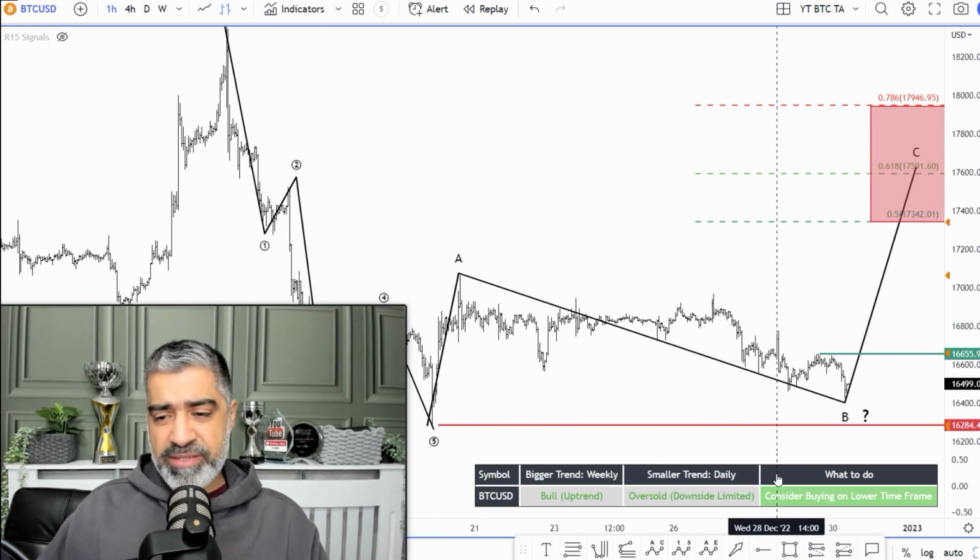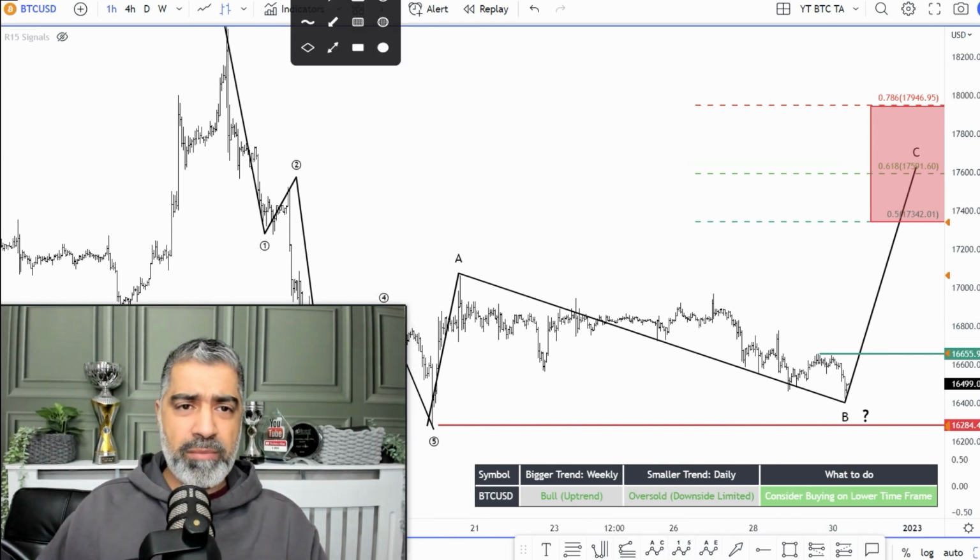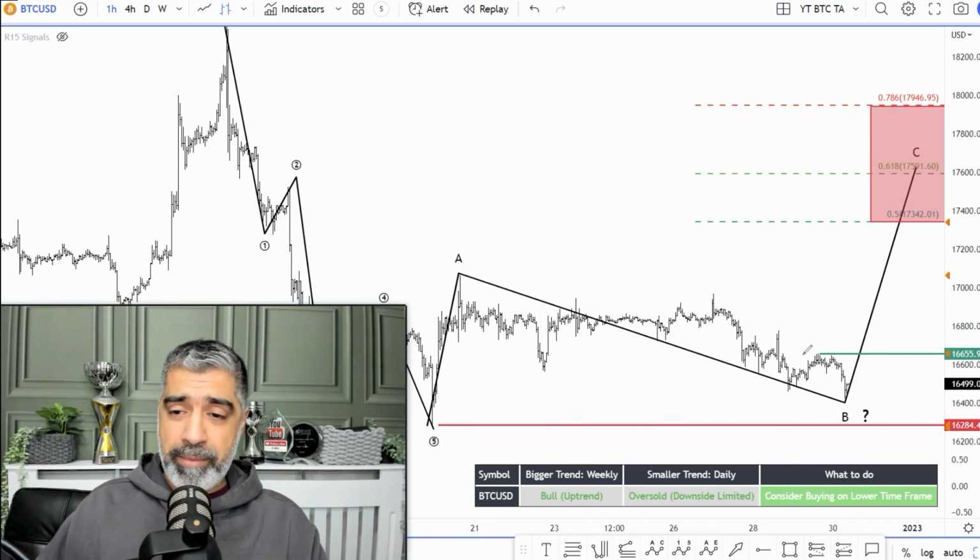The thesis is we anticipate that the market has a good probability of going above this high. If it goes above this high over here, what should the market not do? Well, it shouldn't go below this low over here. So do I want to keep my stop loss down here? I go, no, I want to move it to over here.